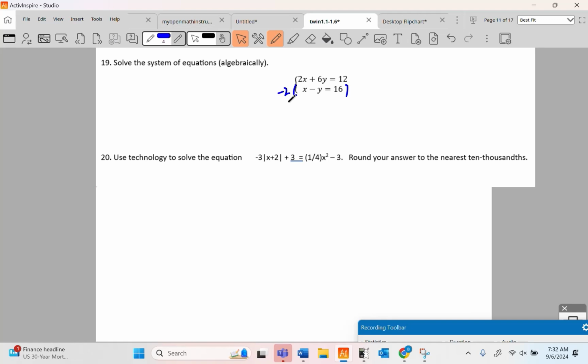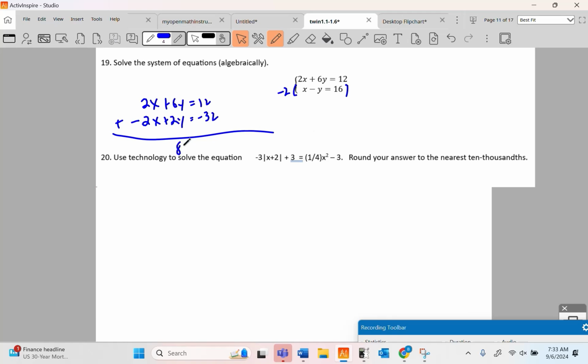So I'm going to multiply the bottom equation by -2, and that'll give me -2x plus 2y equals -32. And we'll just throw the other equation on top of it, and we'll add down. The idea was to multiply one or both equations so that you have what's called an additive inverse of one of the variables. Funny word there, additive inverse.